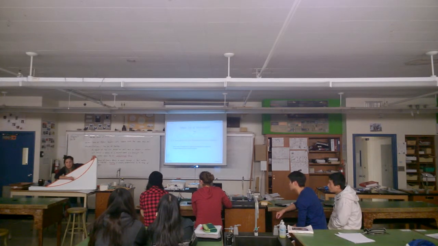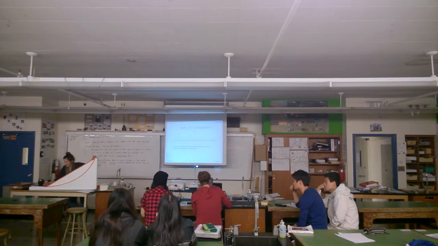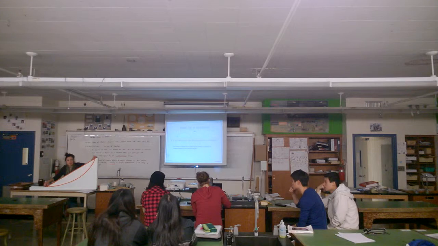Does anyone have any ideas of why that might be, just instinctively? So is this the time to the end, or to the middle? To the middle. Yeah. So if this is the bottom of the inverted cycloid, then the time that it takes to get to the middle is the same, no matter the height that you start from.